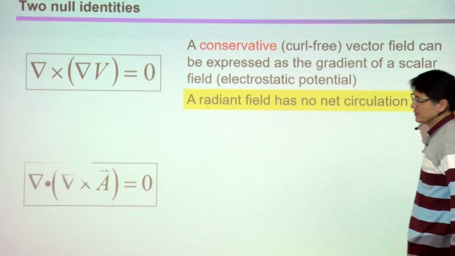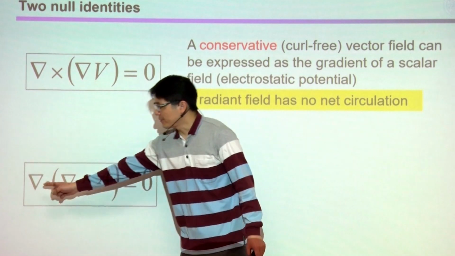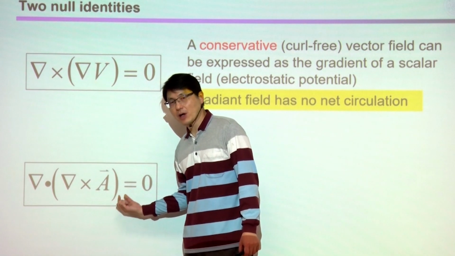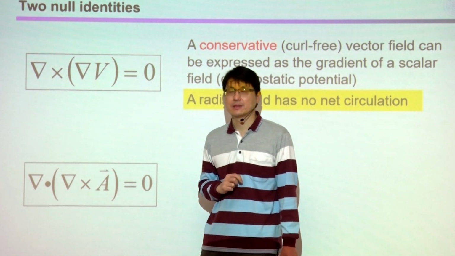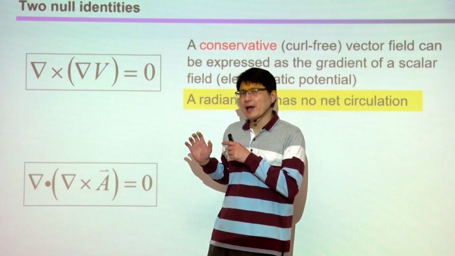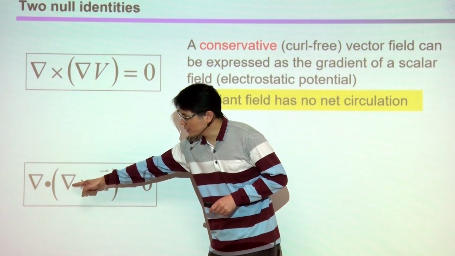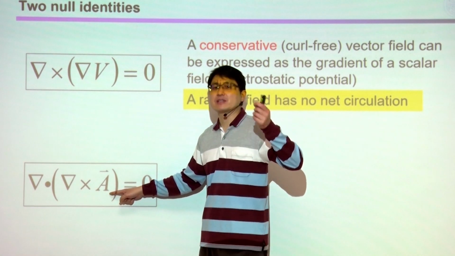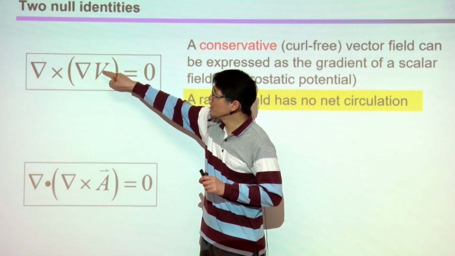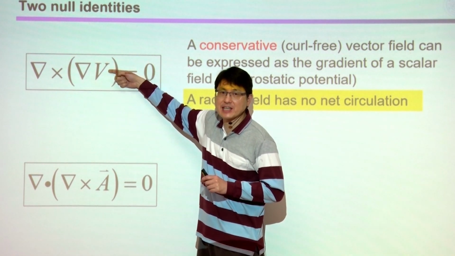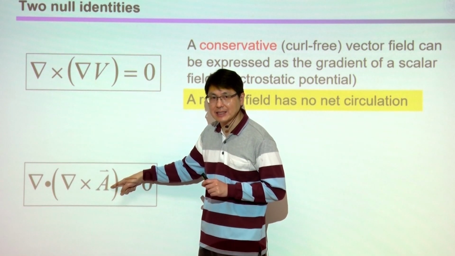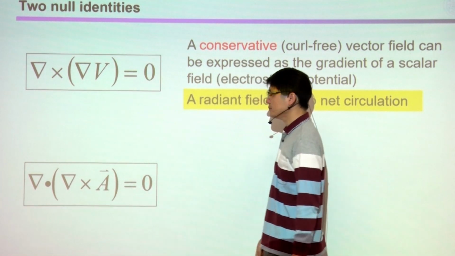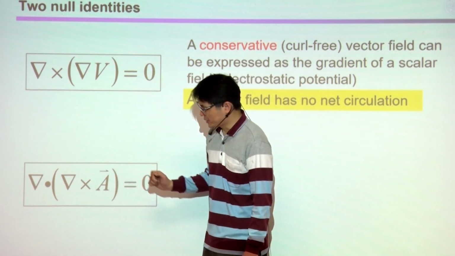Second null identity. Divergence of a curl is always 0. How to understand it? Well, curl operates on a vector. So the apparent difference as compared to the first one is that one starts with a scalar field, but this null identity is focusing on a vector field. Think about it.